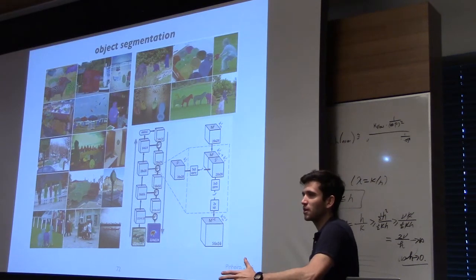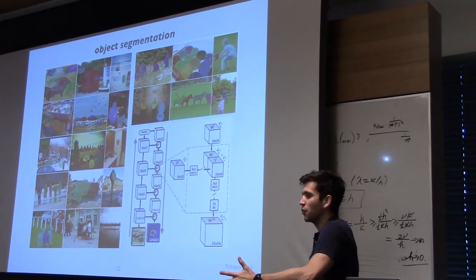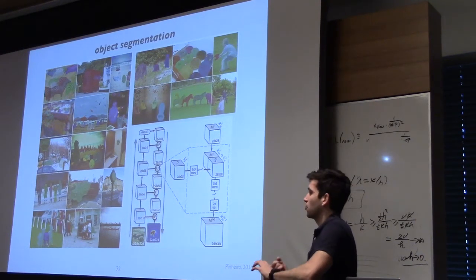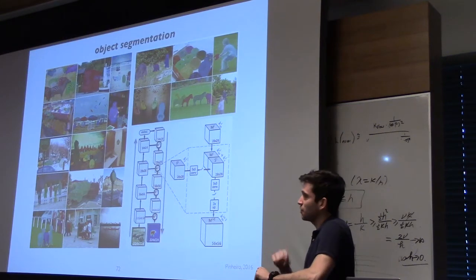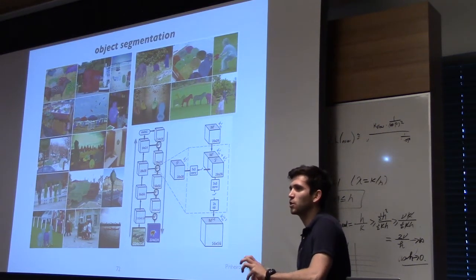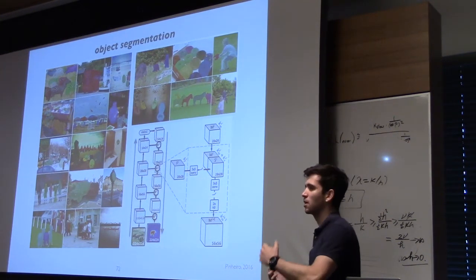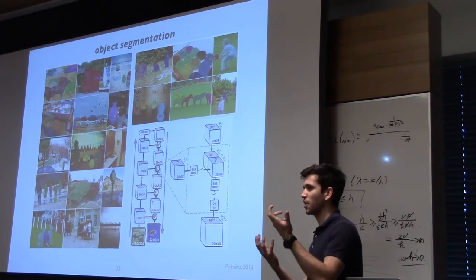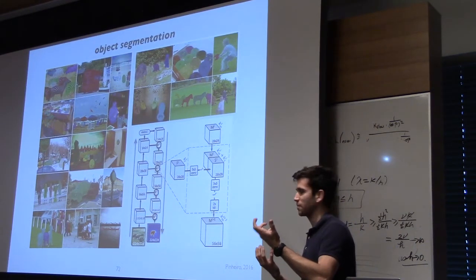How do you get back to knowing where an object is located and specifically what pixels belong to it? On the other hand, if you don't know what you're looking at, how can you say which pixels should be together? So you have to combine this high-level, what is there, with this low-level, here's where it is.